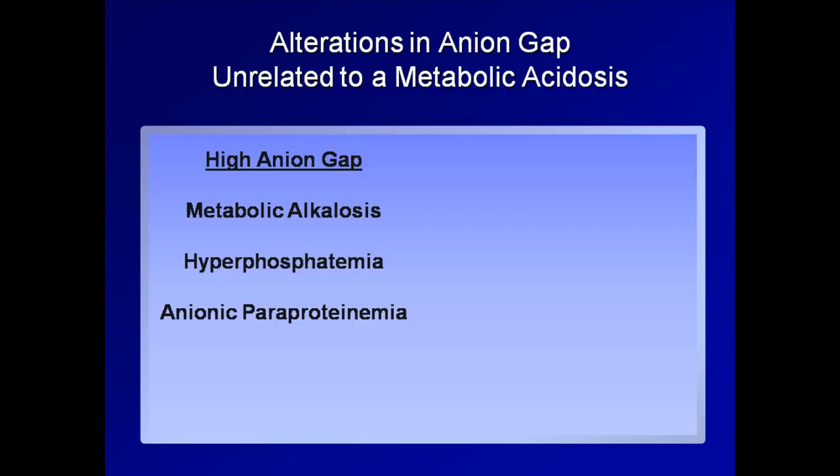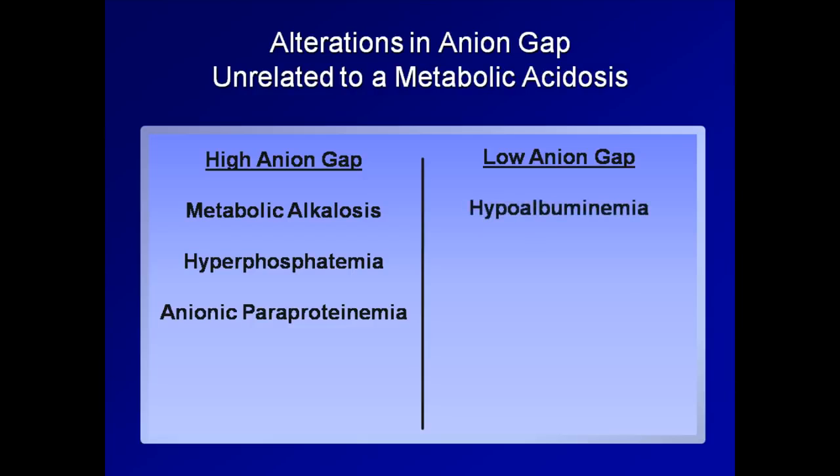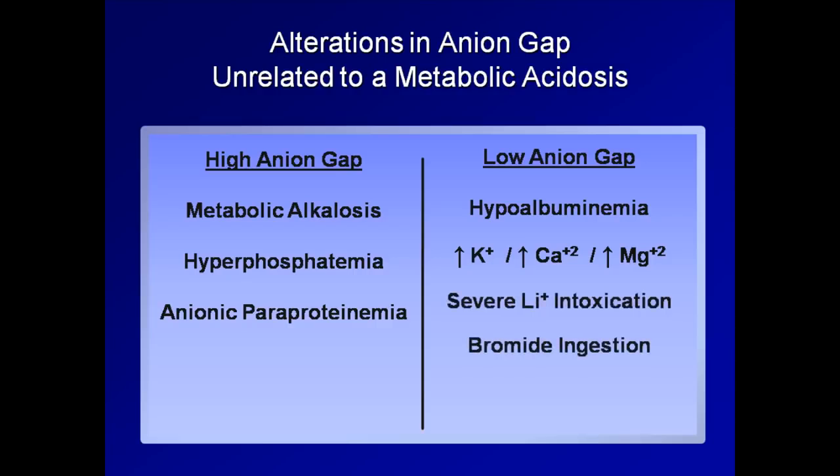A low anion gap is predominantly caused by low albumin, since albumin is one of the primary unmeasured anions. Other causes could theoretically include excessive concentrations of any cation, including potassium, calcium, magnesium, and even lithium. Bromism can lead to a falsely low anion gap, as some lab equipment registers bromide as chloride.